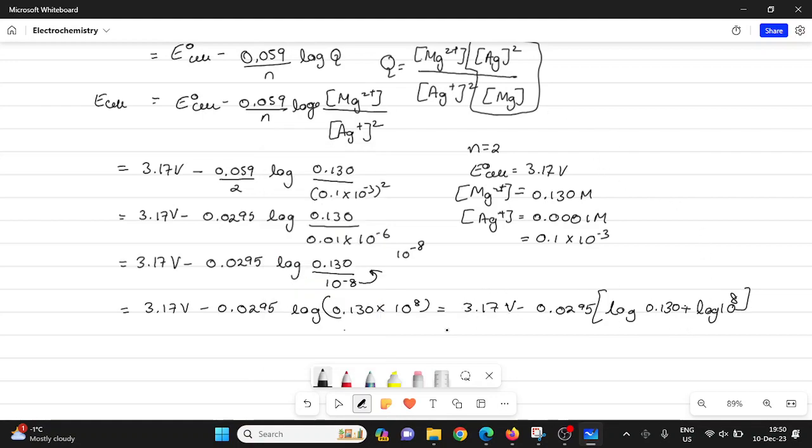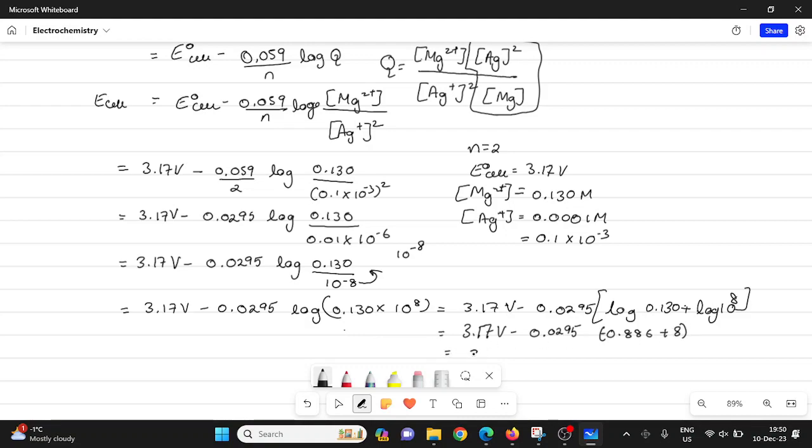So we know log 10 to the power 8 will be equal to 8. Log 0.130 is minus 0.886.